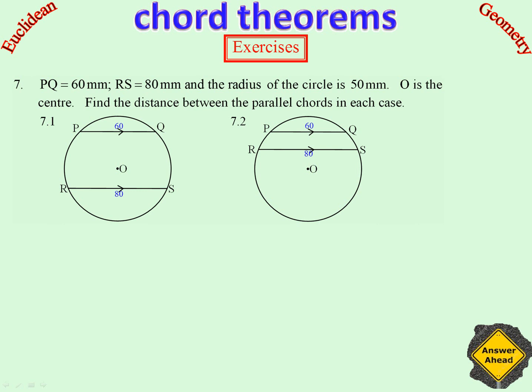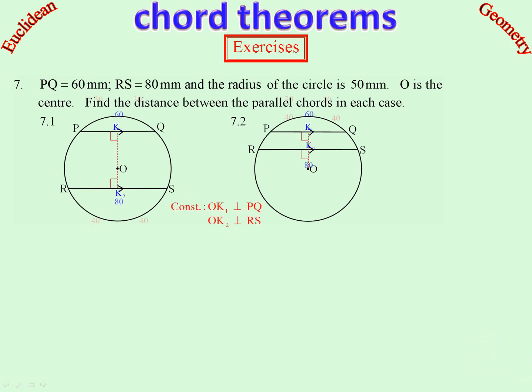Finding the distance between the parallel chords. Remember, we need to draw on the perpendicular between them. There we are. Here we're going to add two distances. Here we're going to subtract that distance minus that distance. How do we know the 50? Because we're told it.